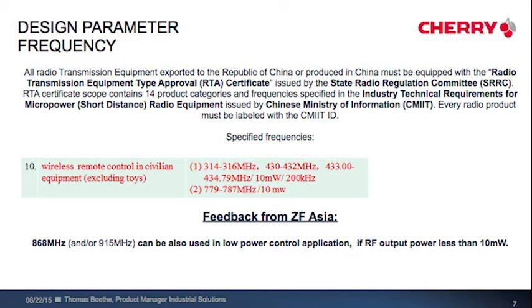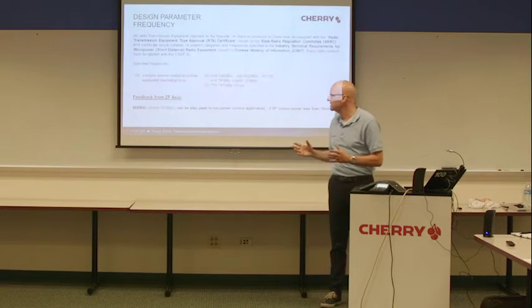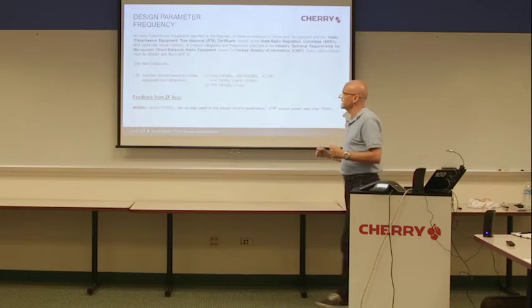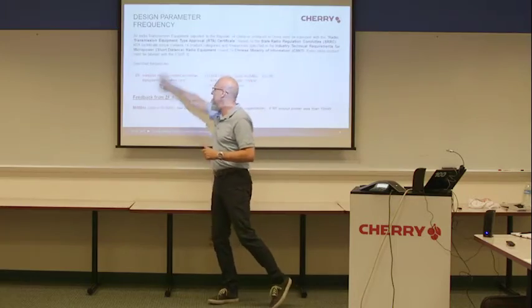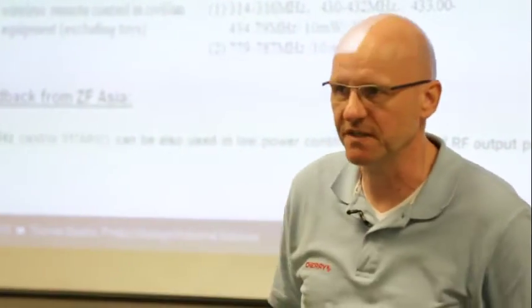China divided their range not into frequencies but into products, different device categories. They said, okay, we make a list of different device categories, and every device category can use a different frequency.